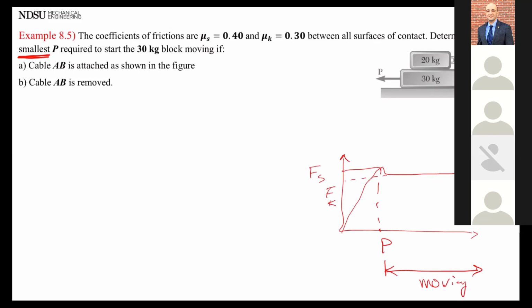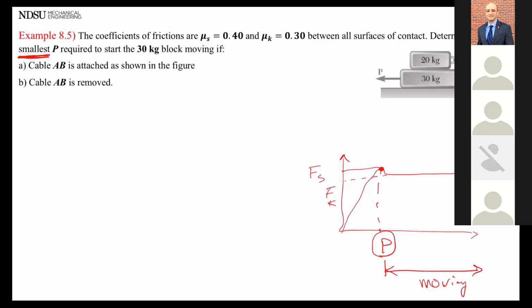On this axis, the smallest force that will cause moving is right here. So it's talking about this point. I just wanted to make sure I'm understanding the problem correct. So find this force P that will cause moving A if the cable AB is attached. Okay, let's just focus on A for now.